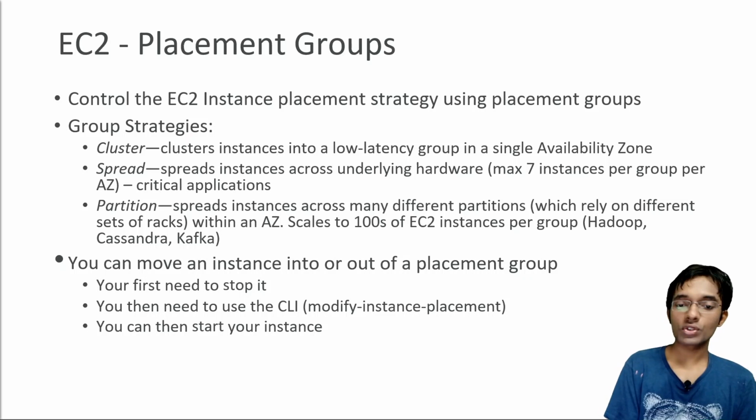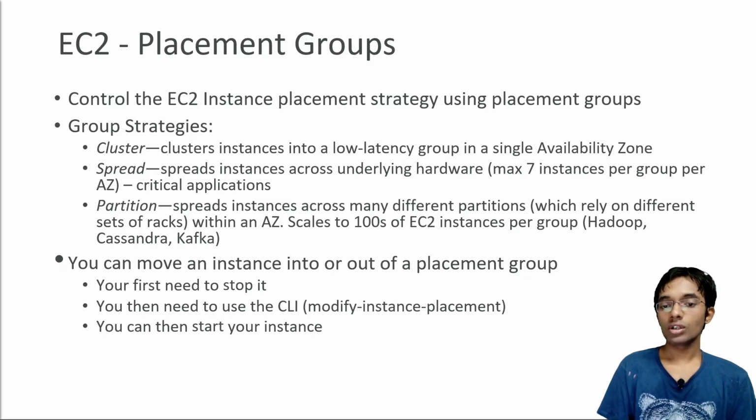The first one is cluster, where you want all your instances to be within the same availability zone in a cluster, and that will give you a low latency group. This is great when you want to perform high performance computing, HPC.